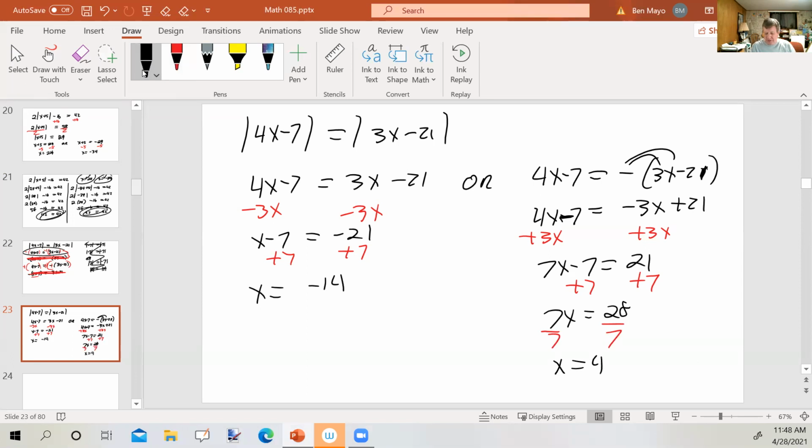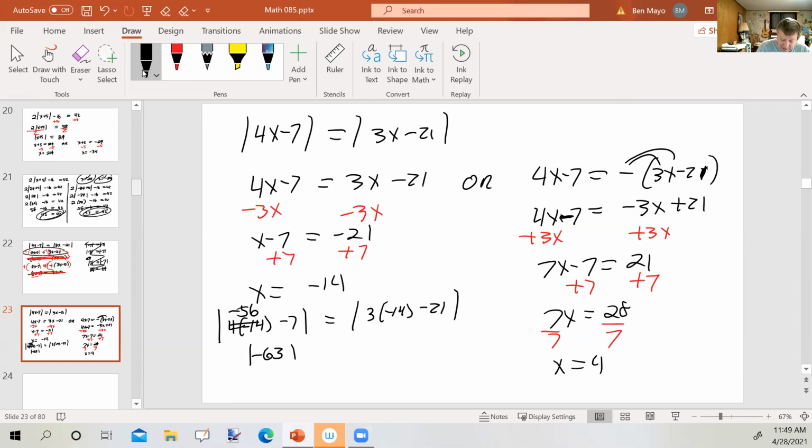Well, let's check those two solutions. If x is -14, we get the absolute value of 4 times -14 minus 7 equals the absolute value of 3 times -14 minus 21. 4 times -14 is -56. -56 minus 7 is -63.